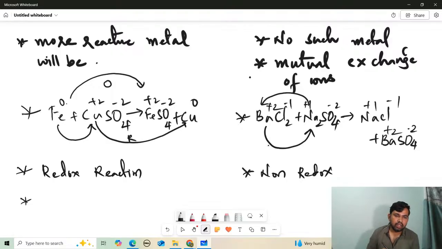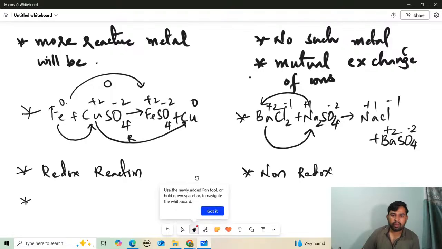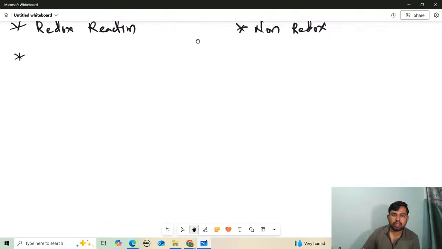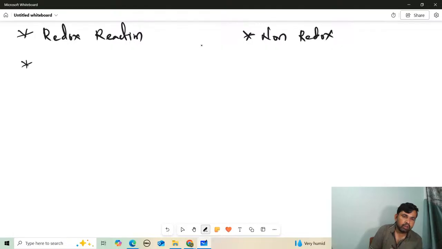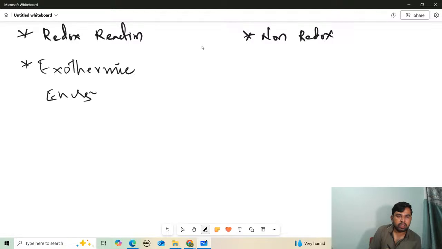Generally, displacement reactions are exothermic in nature. What do you mean by exothermic, sir? It means energy is released. Energy will be released in this case. What about double displacement? It may or may not be exothermic.